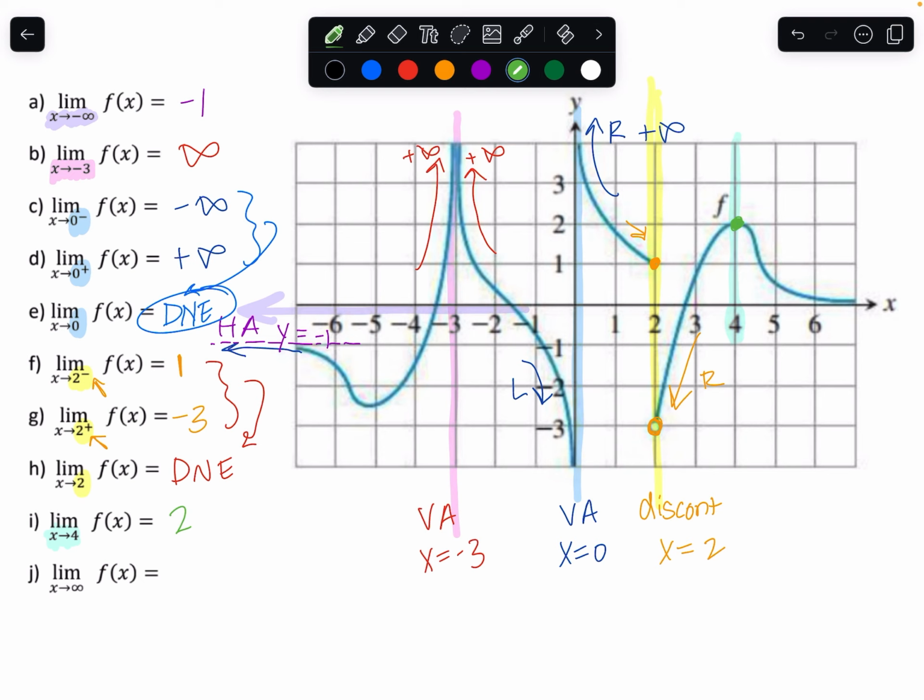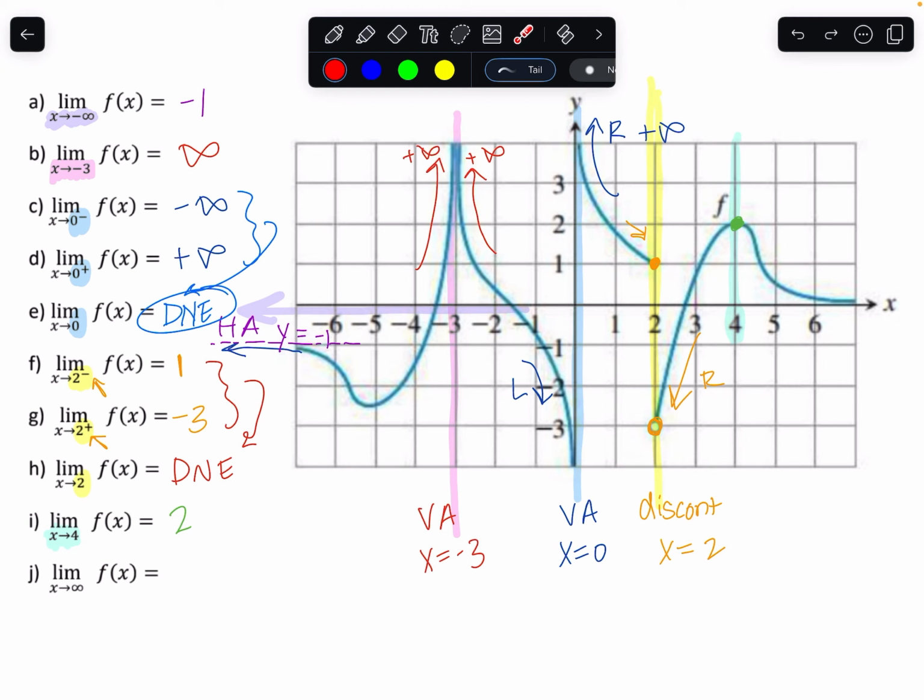So if it's not an open circle or a gap, then it is a defined value. We don't draw solid dots on the graph everywhere, but all of those points exist. Whereas right here, where we look at this point, we can approach that point forever, 2, -3, but we're never going to touch it. We can get infinitely close to it without touching it. And that's the same with our vertical asymptotes.